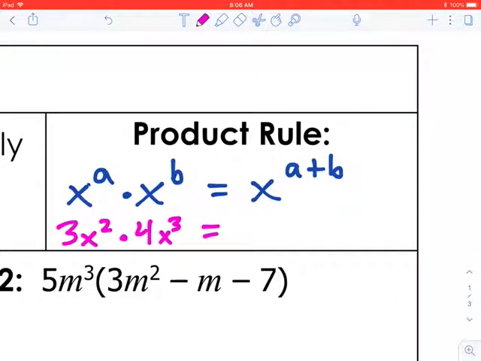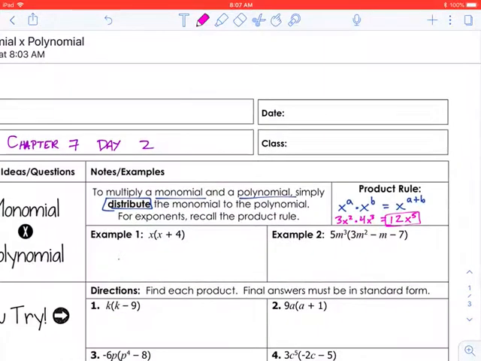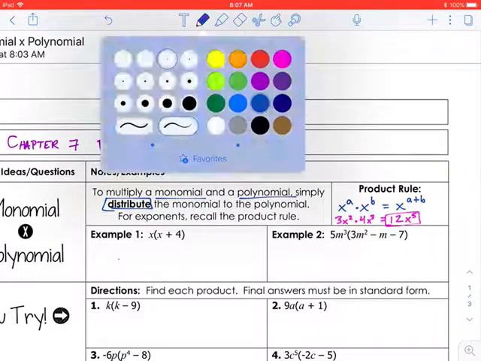You multiply the numbers, so 3 times 4 is 12, and then add the exponents, so x to the 2 plus 3, which is 5. That's the product rule. So when you're multiplying, remember: multiply the numbers, add the exponents.